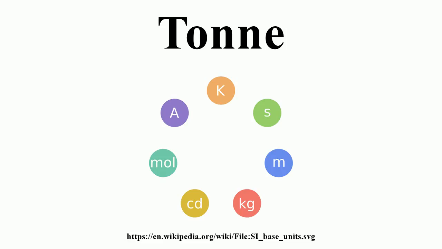Symbol and abbreviations. The SI symbol for the tonne is t, adopted at the same time as the unit itself in 1879. Its use is also official within the United States, having been adopted by the U.S. National Institute of Standards and Technology. It is a symbol, not an abbreviation, and should not be followed by a period.